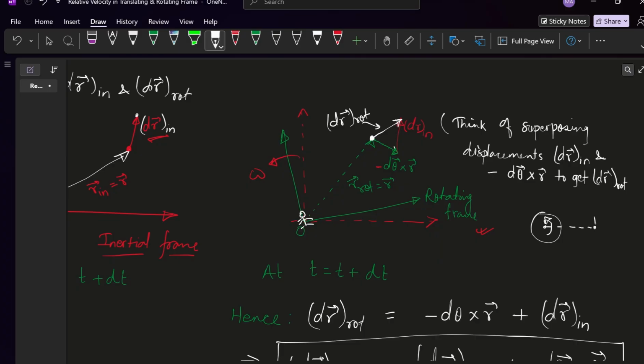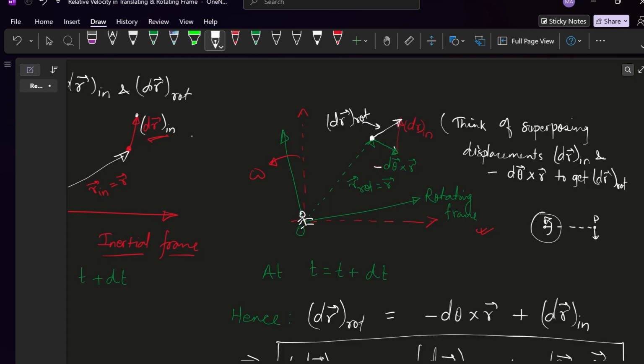So in which direction is this point P appearing to rotate? In the opposite direction, right? So what will be its displacement? Which is minus d theta cross r. Why am I writing this d theta cross r? Because we know omega cross r is the velocity in this direction. So if you multiply by dt, you get d theta cross r. The direction is going to be opposite, and that's why I put the minus sign.